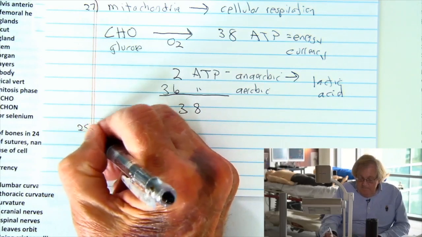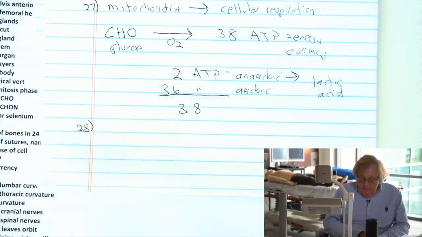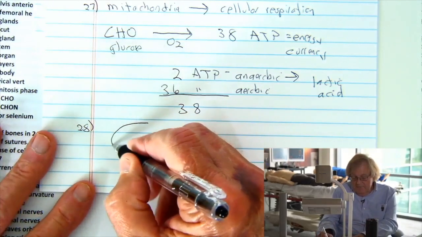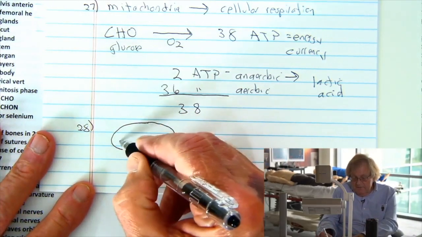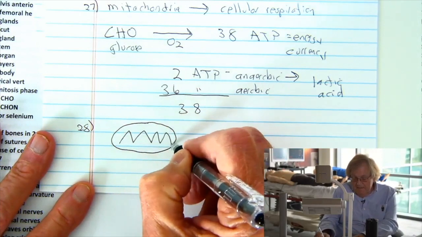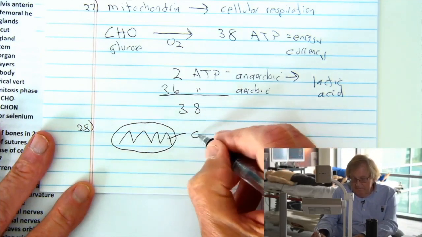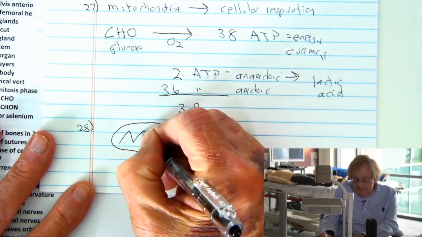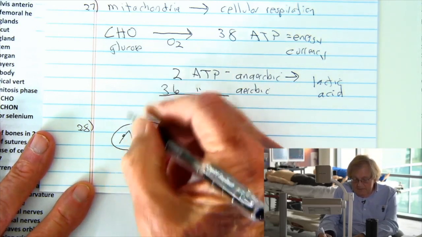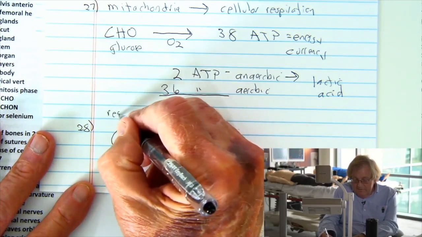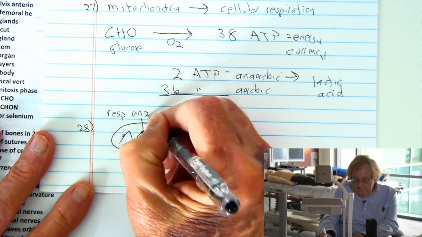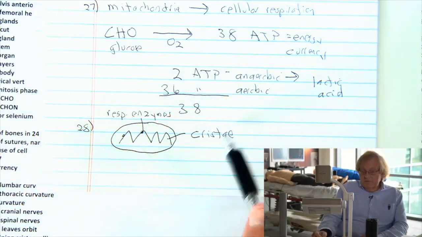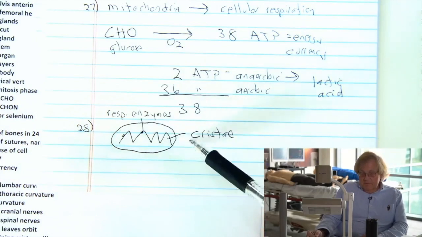Number 28. 28 says the folds in the powerhouse of the cell. If you look at a mitochondria, you'll see that it's got this folded inner membrane, and those are called a cristae. Sitting on those cristae are going to be my respiratory enzymes. And the significance why I want to know those is because when you fold something, you increase the surface area.